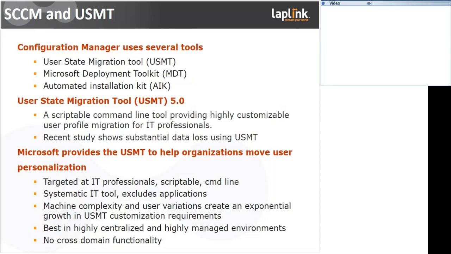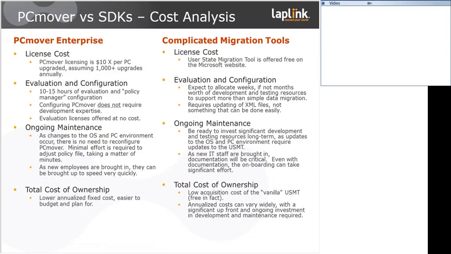So USMT is a good tool for the enterprise. It's free for, I think, enterprise customers, but the startup costs are very high. I have a little cost analysis here, and I don't have to go through it all together. Despite the fact that there are no license costs per se, although it's probably hidden in a lot of the other agreement costs, the configuration and evaluation will take much more time.